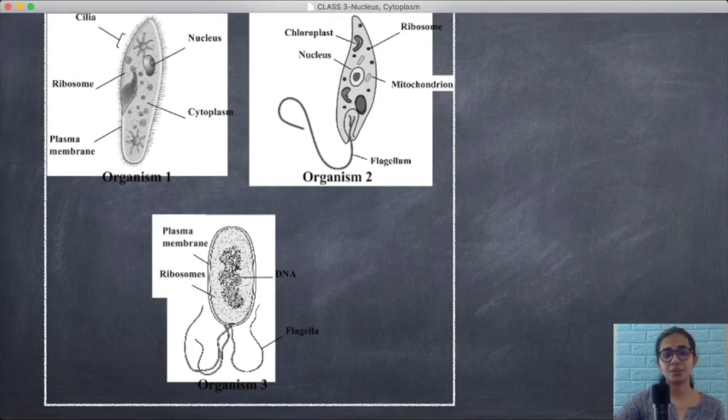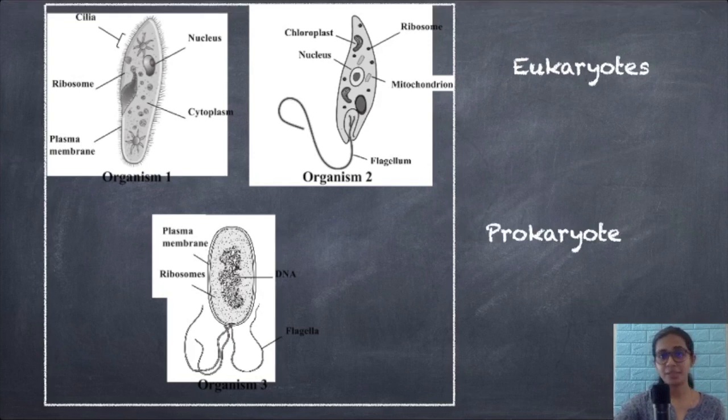Whereas here also we can see a nucleus. What about here? There is just DNA over here, nucleic acid. Genetic material is present in a poorly defined area as only nucleic acid, right? So these organisms are eukaryotes, and this organism is a prokaryote, right? So I hope we are clear with our concepts here.